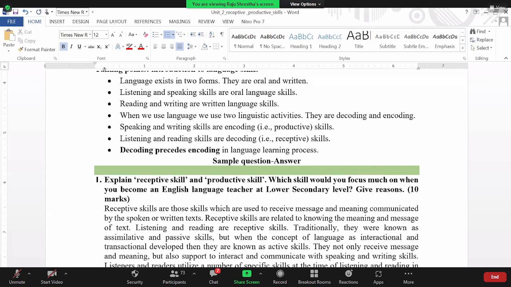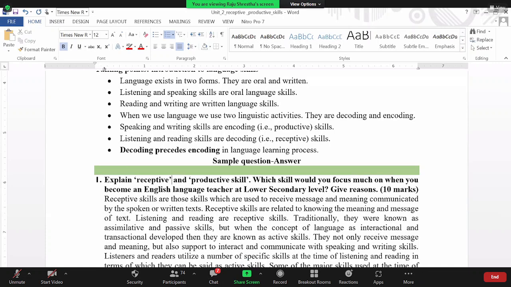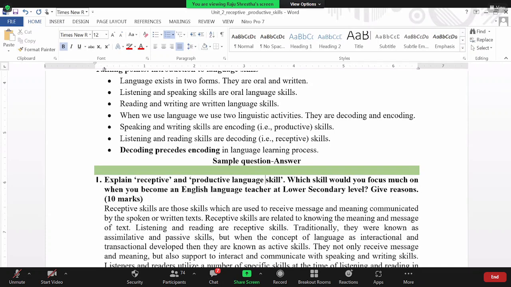Explain receptive and productive language skills. Which skill would you focus much on when you become an English language teacher at lower secondary level? Give your reasons.